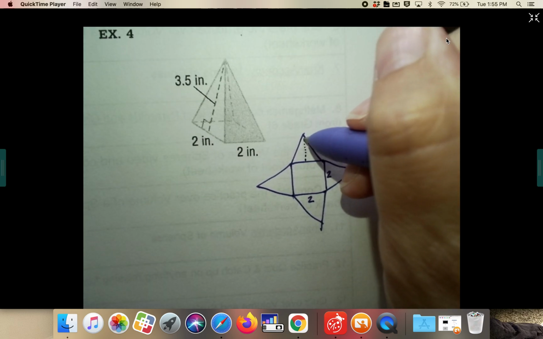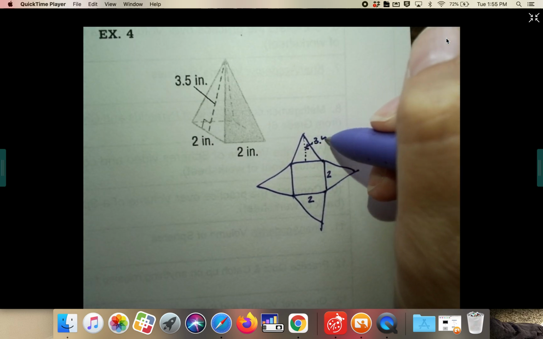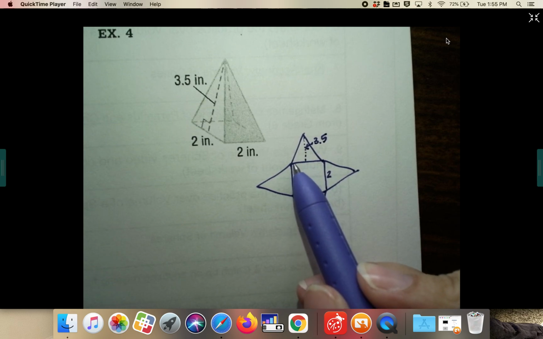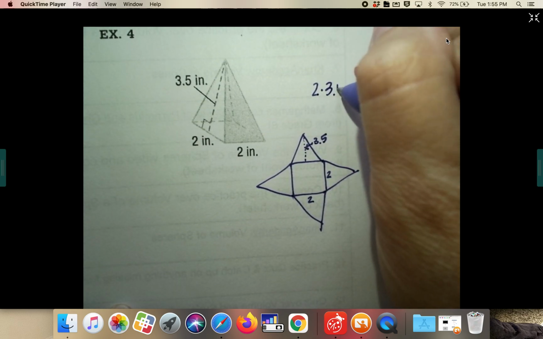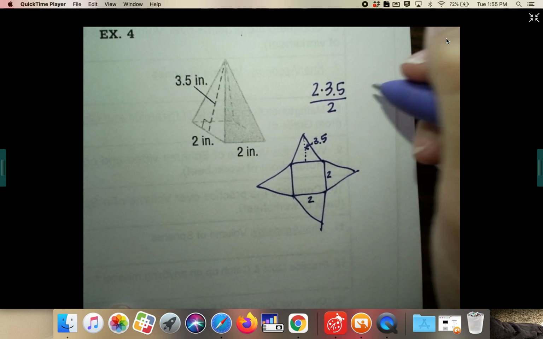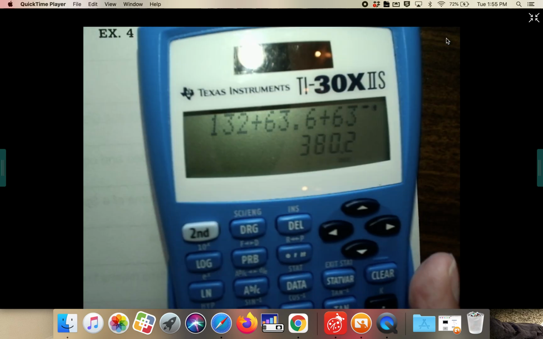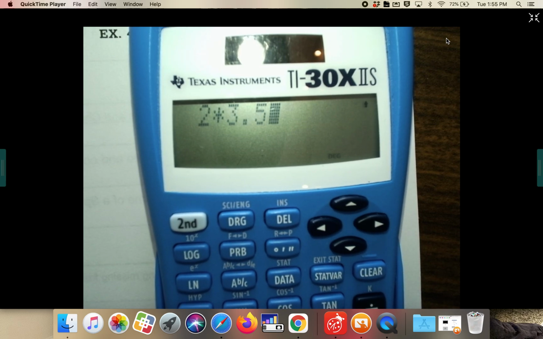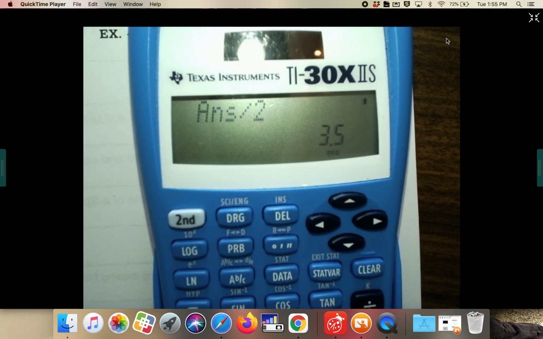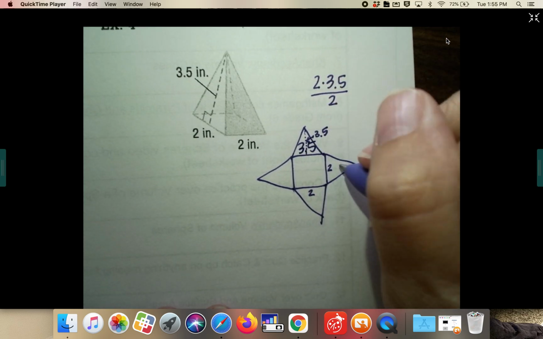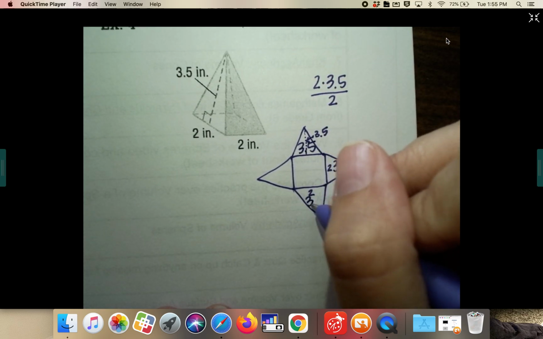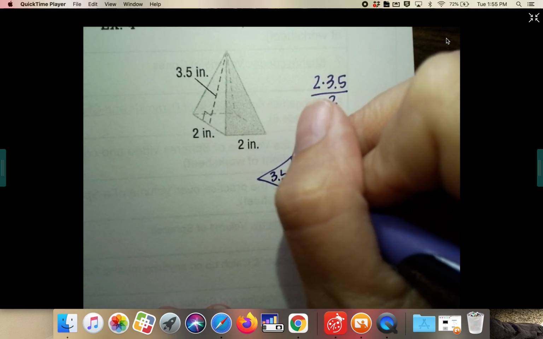So since this is 3.5, it is going to be 2 times 3.5 divided by 2. And that's going to be each of my triangles. So 2 times 3.5 divided by 2 is 3.5. So this is 3.5, this is 3.5, this is 3.5, and this is 3.5.